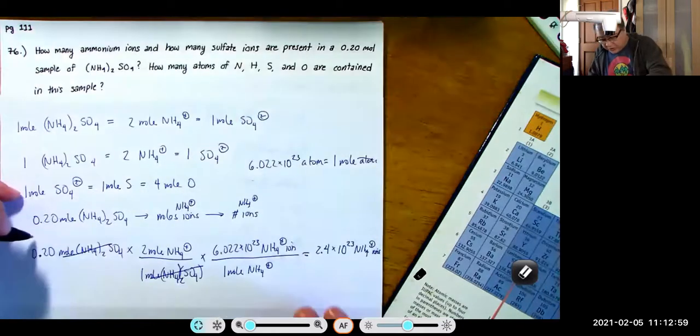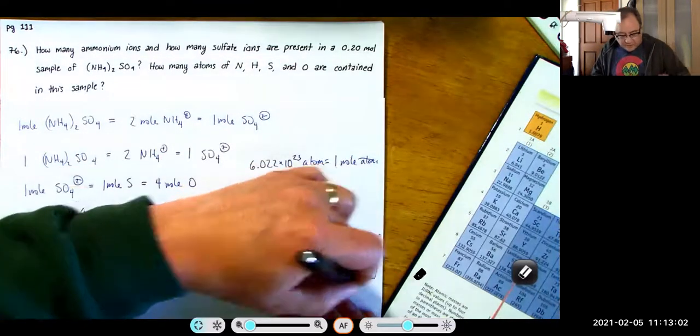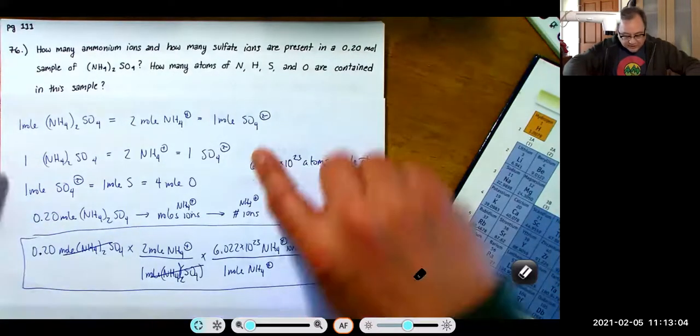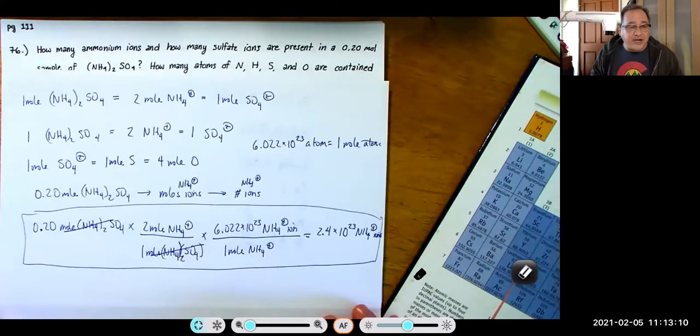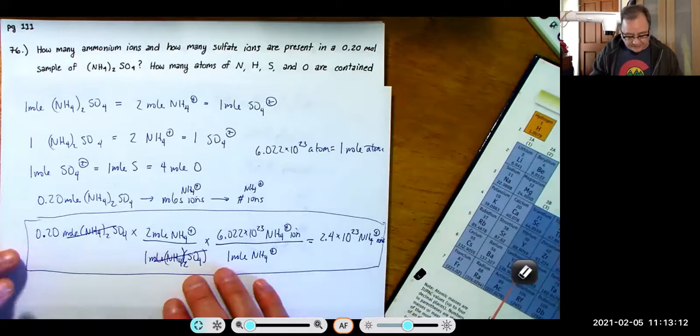So this is the work you'd expect to see for the number of ions. You don't need to show all this stuff, but this is the work you'd expect to see for the number of ammonium ions. How would this change for sulfate ions?